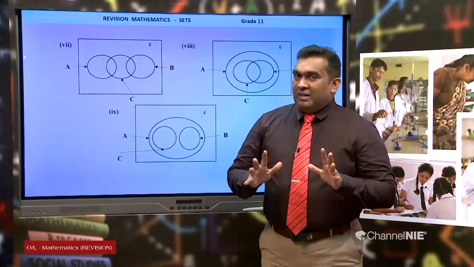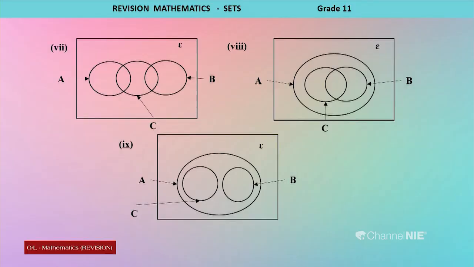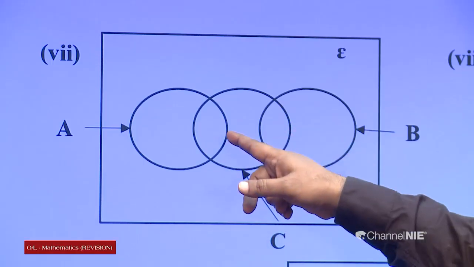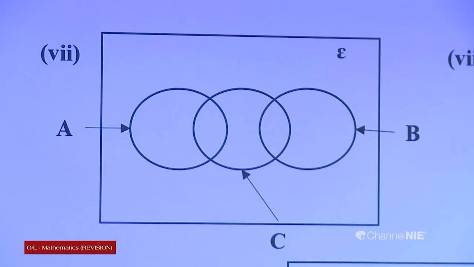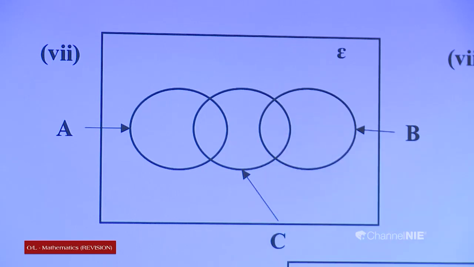Now this one is very important. There are two sets A and B, they are disjoint sets, no intersection. B and C have a common region, and A and C also have a common region, with common elements in this region and this region.